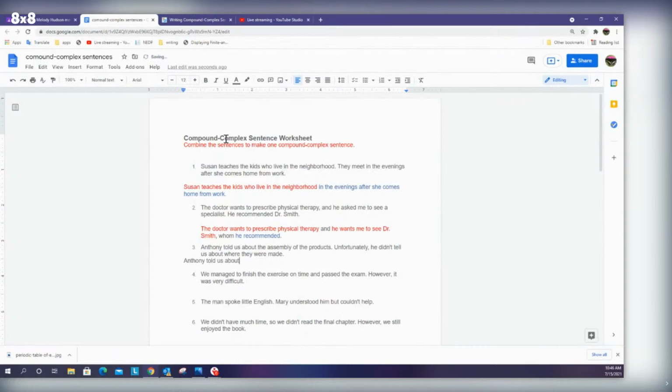He told us about the assembly of the products. I'm going to turn this into a compound complex.